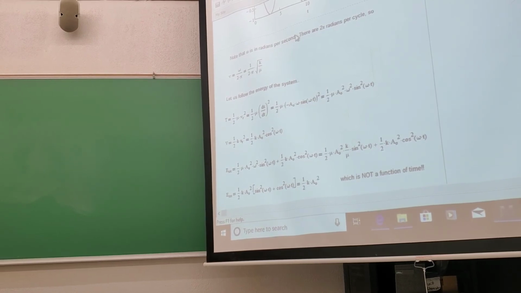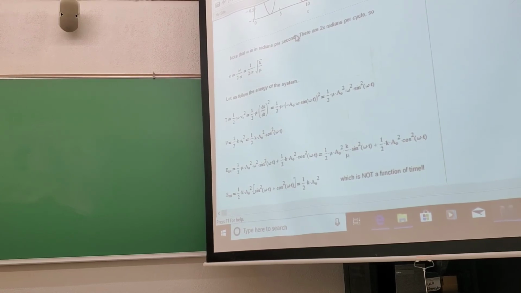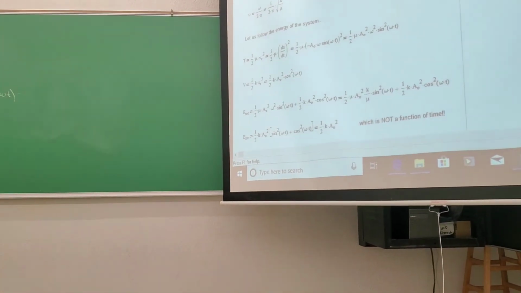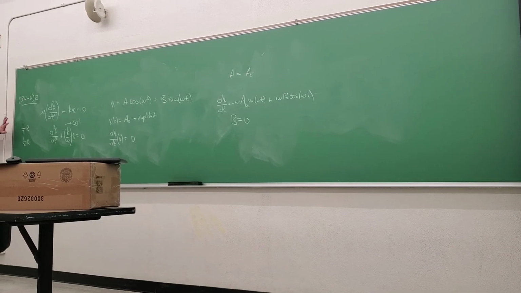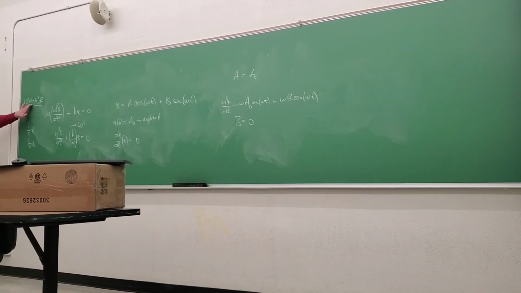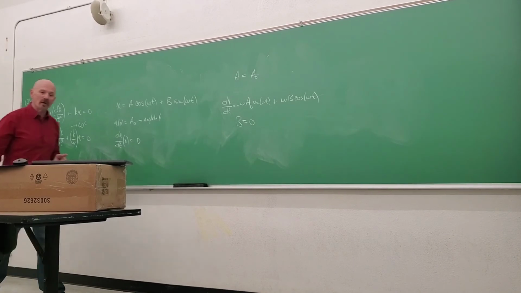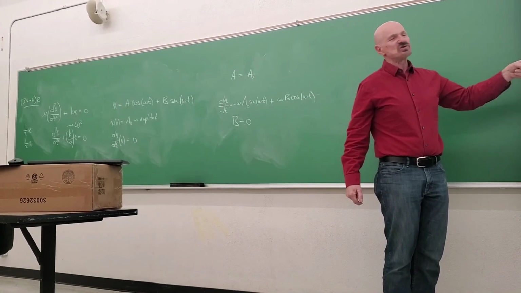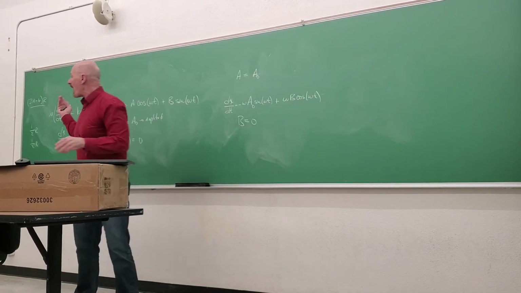Every rotation contributed 1/2 R. But then we had this term, 3N minus 6 R for vibration. Well, it has 1/2 for translation, 1/2 for rotation, but a full R for every vibration. Here's why: because there are two energy components involved. There is a kinetic energy part and a potential energy part. Because you have those two parts of the energy, you get a full R out of the deal. Just a little side note on that.